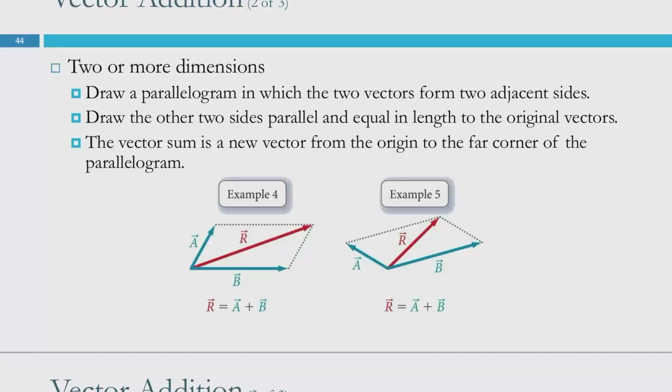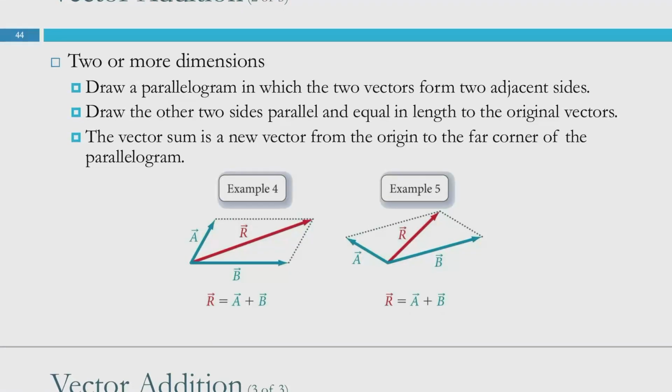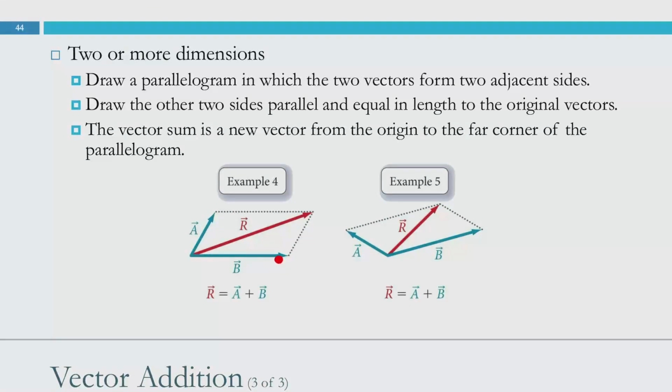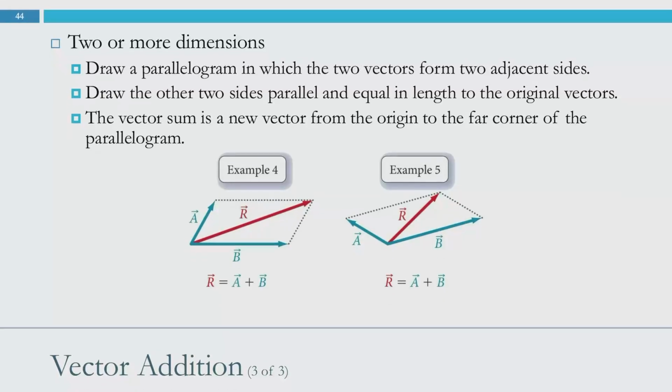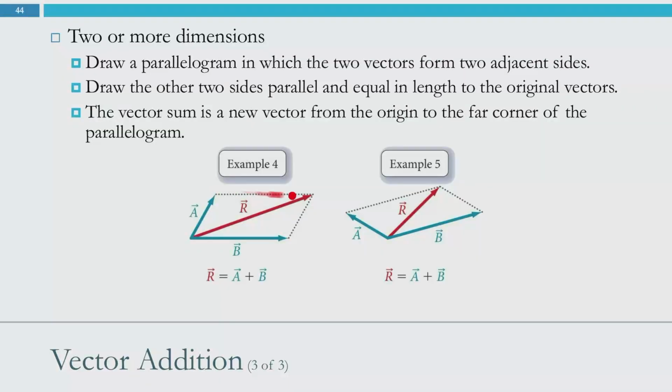If we've got more than one dimension, that's when we get to do the thing that I've been doing, where you split them out into their different components. Here it's showing them as a parallelogram, so something with 4 sides and 2 pairs of parallel lines. The top dotted line and this B arrow are both parallel.